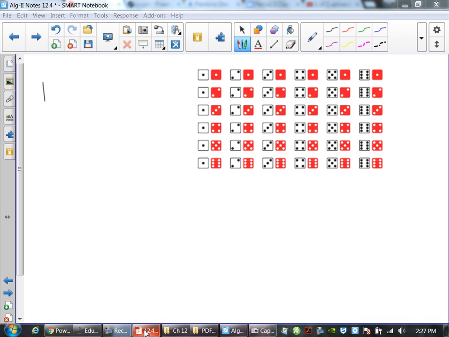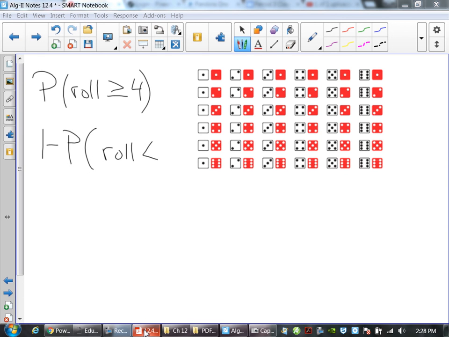Anyway, so the probability of rolling greater than or equal to 4. If I want to roll a sum that's greater than or equal to 4, it would be the same as saying 1 minus the probability of rolling less than 4. Isn't that easier to count?